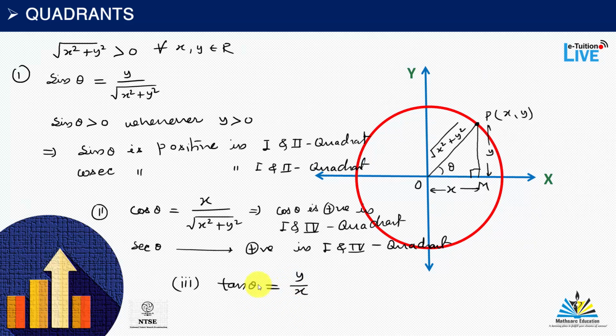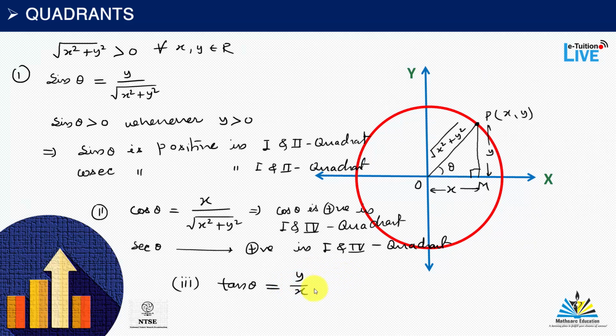Now you can see tan theta must be positive where y and x are of the same sign. You can observe this: in the first quadrant, x and y both are positive, and in the third quadrant, x and y both are negative. So it is positive when both x and y are of the same sign.